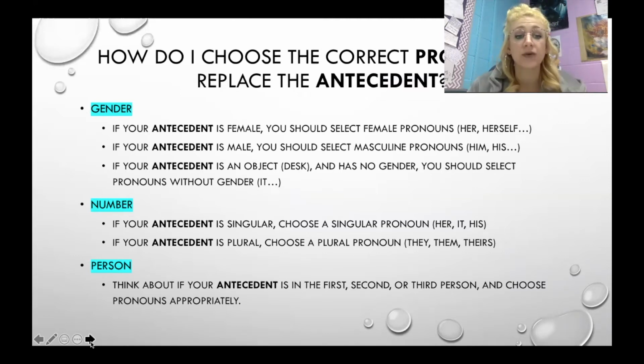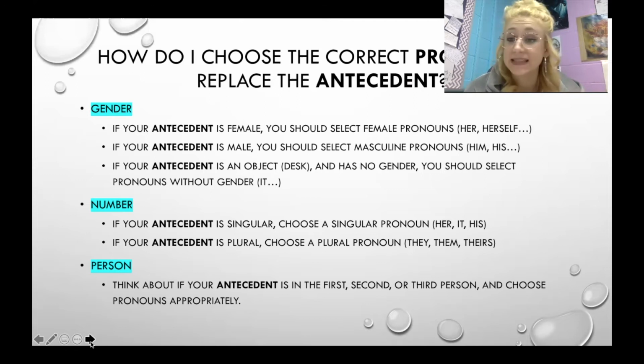When you are replacing an antecedent with a pronoun, you need to ask yourself, is this noun feminine, masculine, or gender neutral? It doesn't have a gender. So for example, if your antecedent is female, such as Miss Betts, then you're going to be replacing that antecedent with a feminine pronoun. Her, herself, hers.